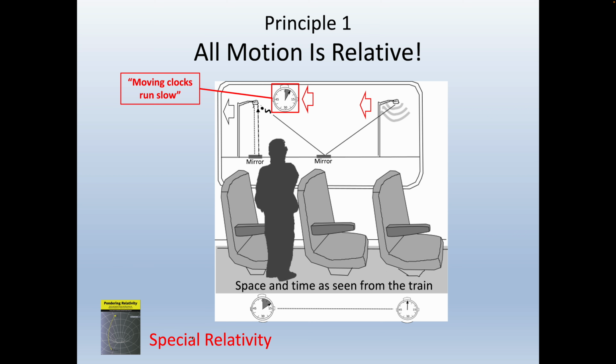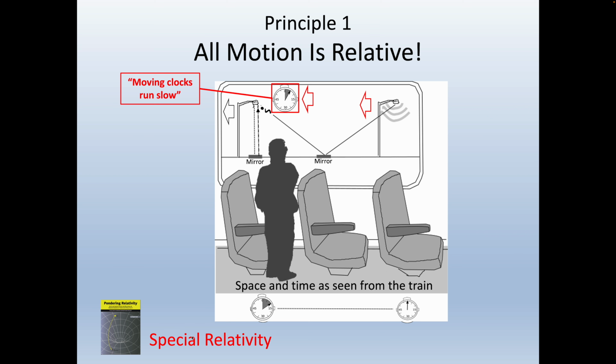But with the first principle, all motion is relative, you could just as well consider the train car to be stationary. As seen from inside the train car, it looks like the light on the outside, on the ground, is the one that cuts a longer path as the train moves past.